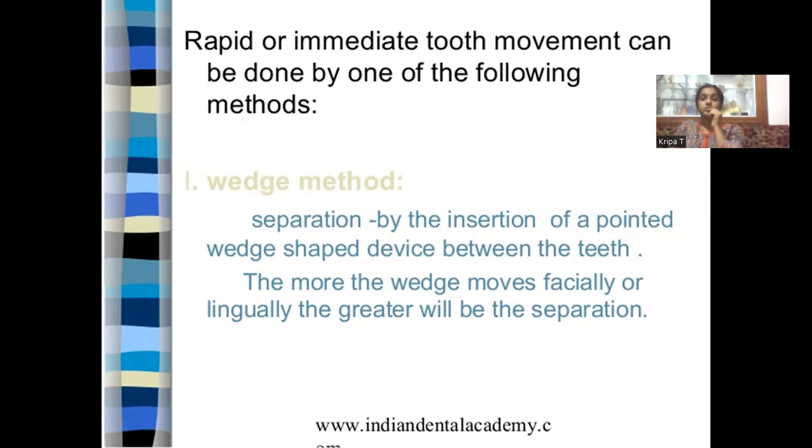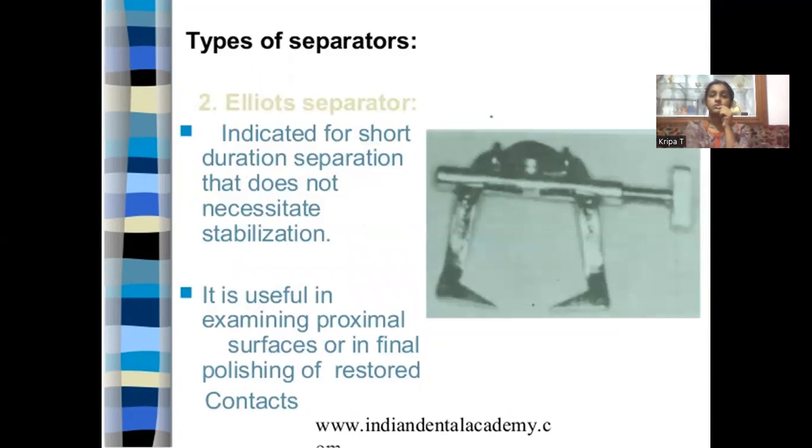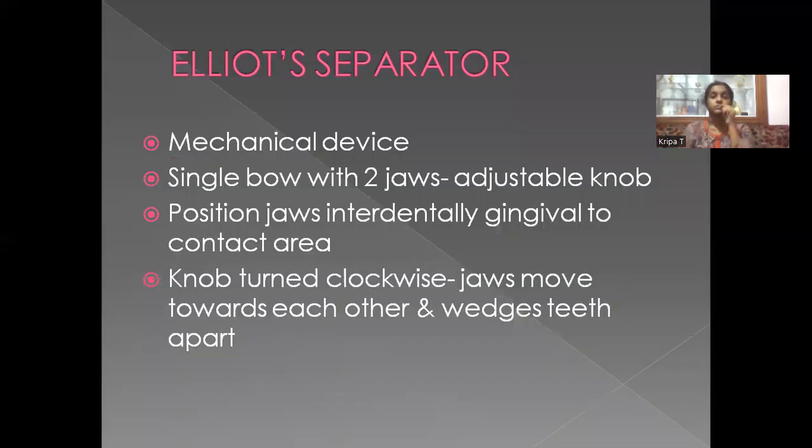A pointed wedge-shaped device moves the tooth more facially or lingually as the separation increases. Then there is the Ivory separator, which gives a short-duration separation that does not necessitate stabilization. It is basically used in examining proximal surfaces or in finishing or polishing the restored contact.